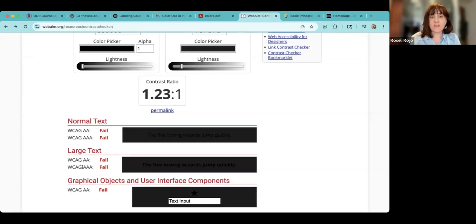And then the AAA talks about those larger texts in which we use, let's say, a font of 14 or 18. And there is more room for playing with other colors, because as the texts are larger, we are able to understand them better.